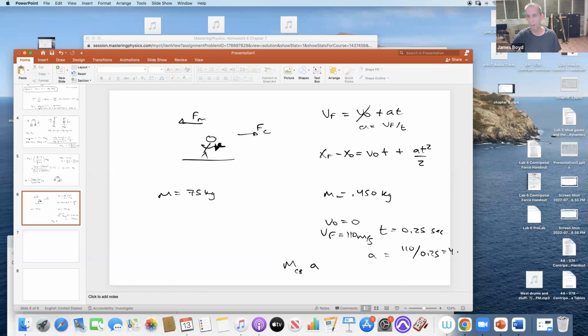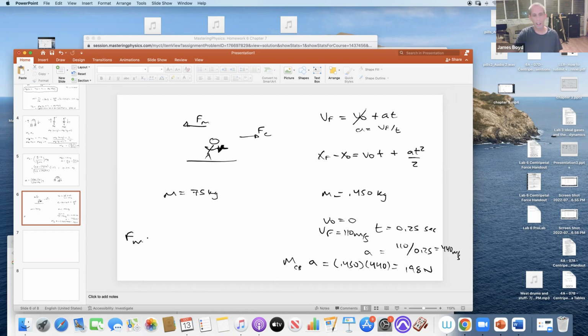So this is 440 meters per second squared. This is 0.450 times 440, which is 198 newtons. So our force on our man is 198 newtons.